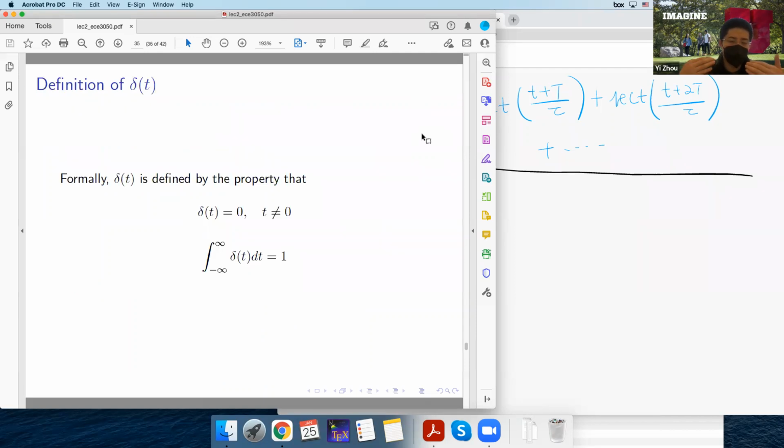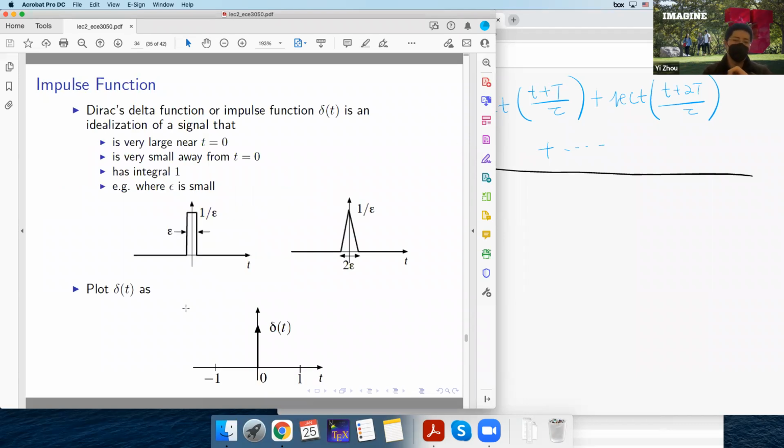Now, more rigorously, here are all the properties that we need to define this impulse function. This impulse function is 0 everywhere except for the origin. You can see from this figure, this impulse only exists at the origin, so it is 0 everywhere else.